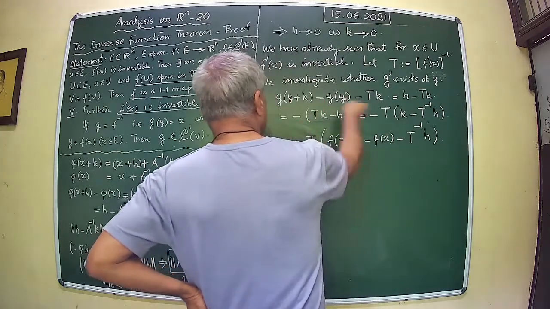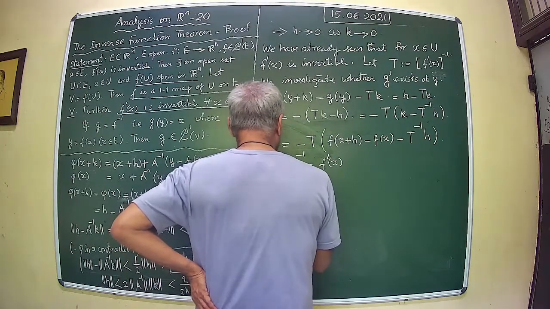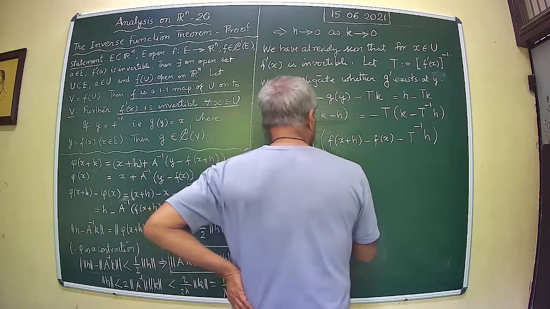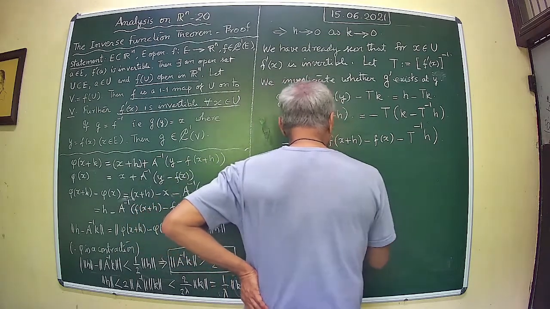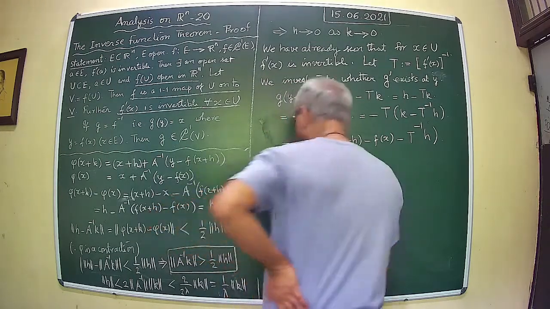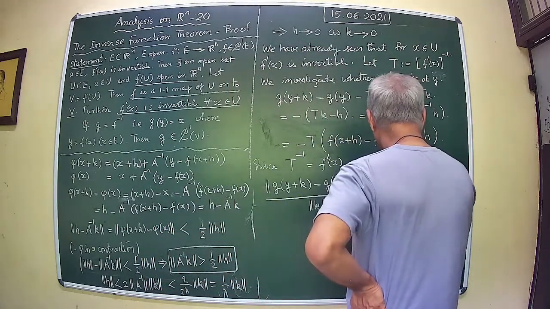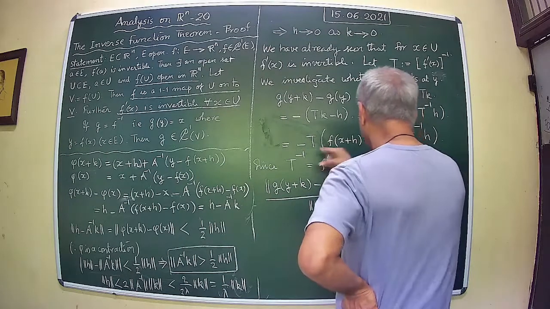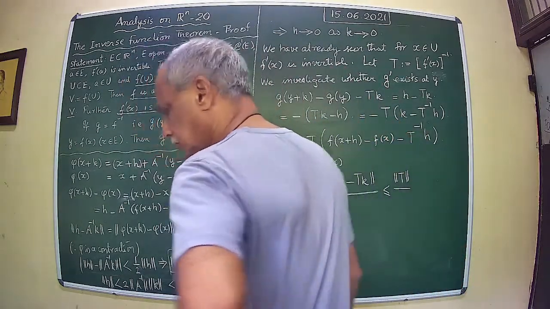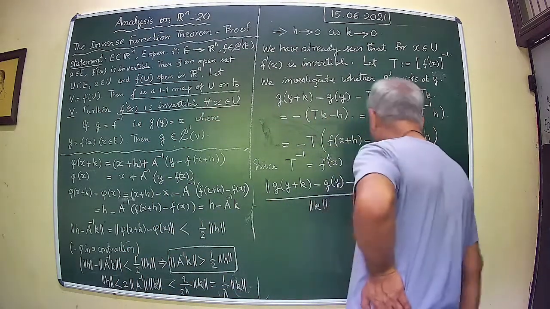We have the estimate for this. Norm of g y plus k minus gy is less than or equal to norm of t divided by lambda into norm of h.